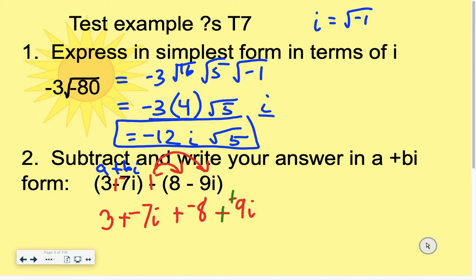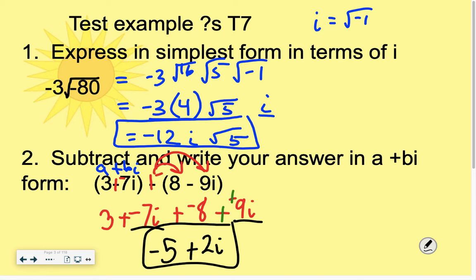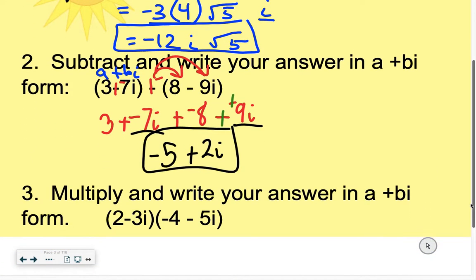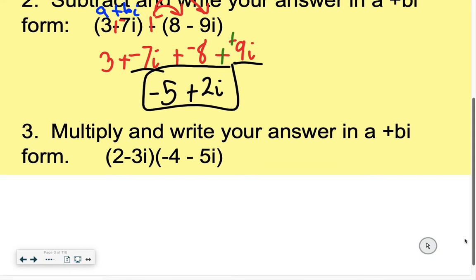People will have a minus 9i, but it's really positive. So then we just combine our like terms. 3 plus negative 8 is negative 5. Negative 7i plus 9i is 2i. So that's how you add or subtract complex numbers. You just add or subtract the like terms.